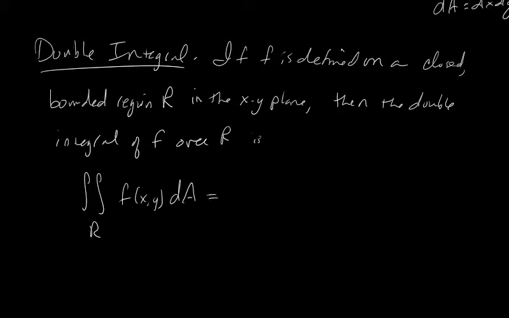That is equal to the limit as delta goes to 0 of the sum from i equals 1 to infinity of f of x sub i, y sub i, our initial values of x, y, times delta A sub i.